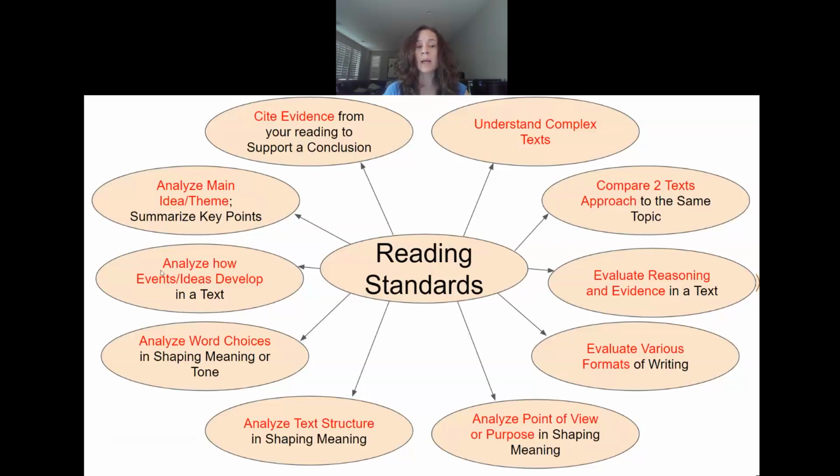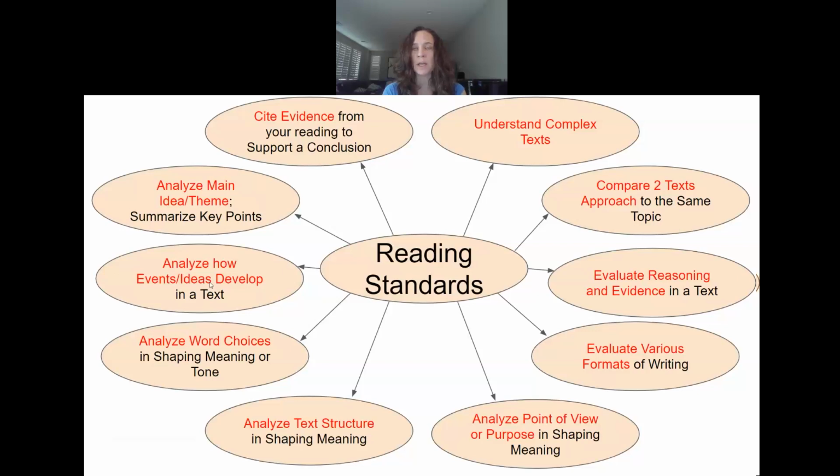Next, analyze how events and ideas develop in a text. So in other words, especially with stories, you have the characters and the setting in the beginning, and those characters don't stay the same throughout the entire story.